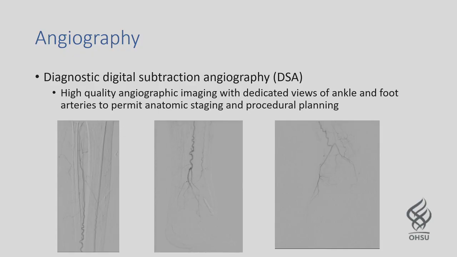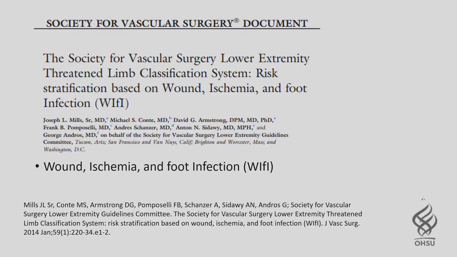In patients with CLTI, it's important to have high-quality imaging with dedicated views of the foot and ankle so that we can do anatomic staging and procedural planning. And if we're collaborating with our podiatric colleagues, they want to see the foot too. They want to know what the perfusion is like, not just the occlusion that we've stented or bypassed.